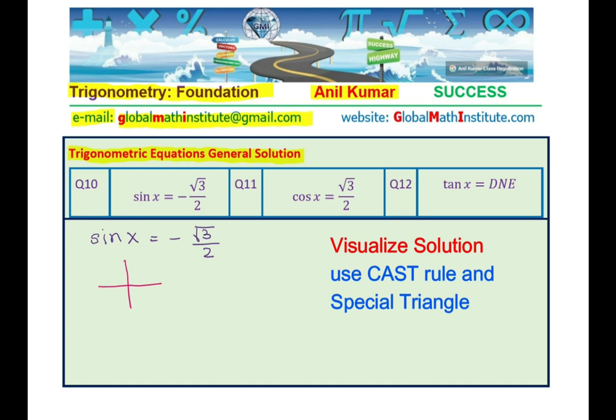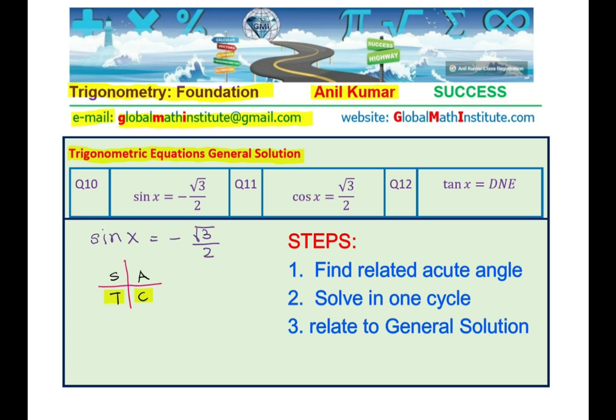Since the sine value we are looking for is negative, applying the CAST rule, we know that the solution lies in quadrant 3 and in quadrant 4. Now, let's find the related acute angle. So we have sine of alpha equals square root 3 over 2. The related acute angle is less than 90, so always look for the positive value.